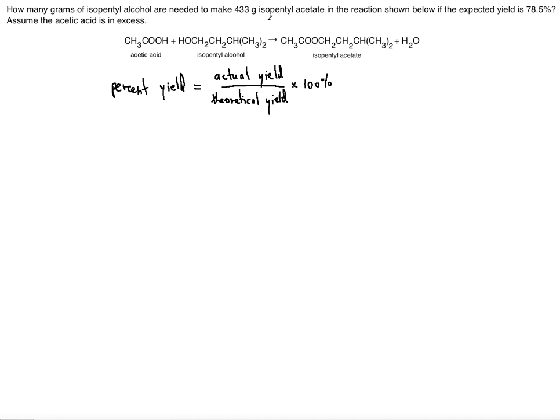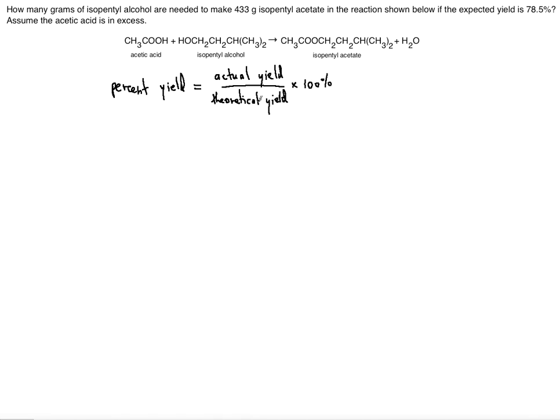Making it means that it's going to be the actual yield, because the actual and the theoretical yields are amounts, in this case in grams. So the actual is the amount pertaining to this number 433, because it says you will make that. The actual amount may be less than or equal to the theoretical amount. It will never exceed the theoretical amount.